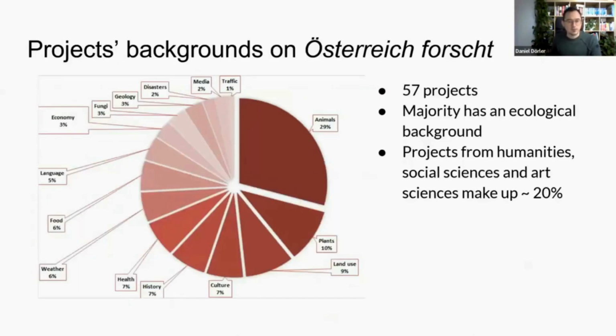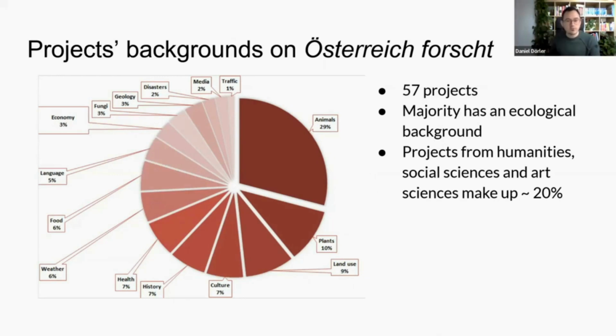And I already talked also about the 57 projects, and it's quite similar to what Jakub presented earlier for the Czech Republic. So the majority of the projects have an ecological background. And on this graph, you can see not the research fields, but we have divided the projects based on the filter words that interested citizens can use to browse through all the projects on Österreich forscht.